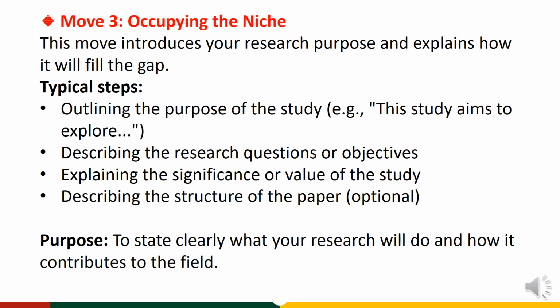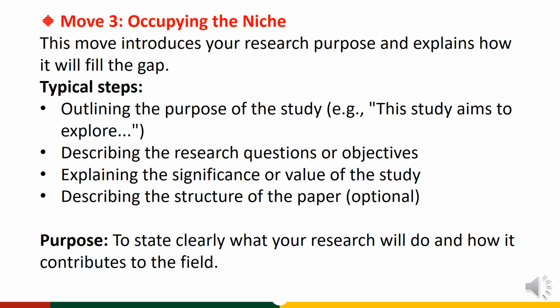Let's go on to move 3, which is called occupying the niche. This move introduces your research purpose and explains how it will fill the gap. And the typical steps that you can take is like outlining the purpose of the study. For examples, this study aims to explore blah blah blah blah blah.